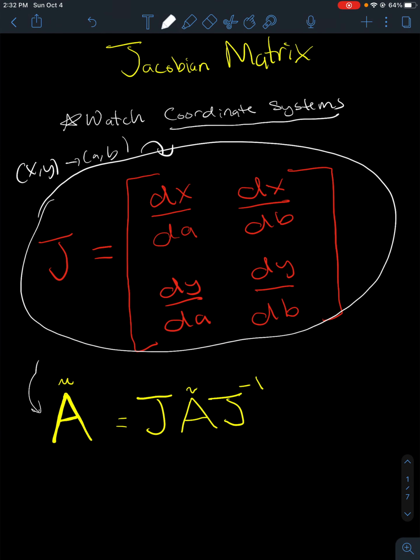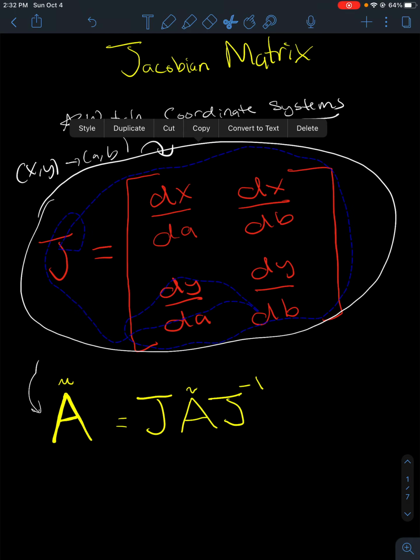So, to prove that it's the inverse, we have to talk about what an inverse matrix actually is.